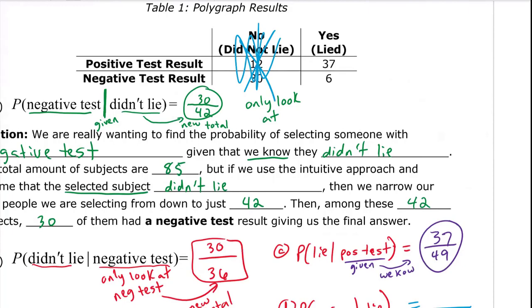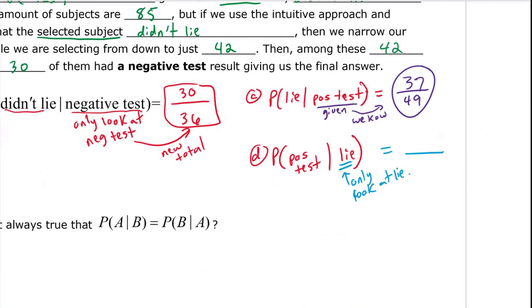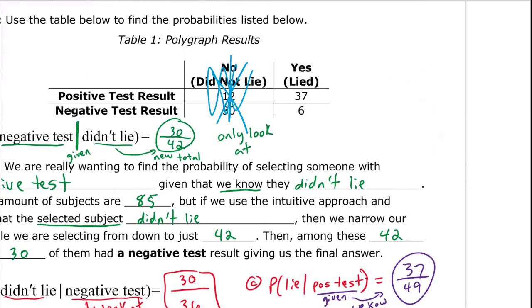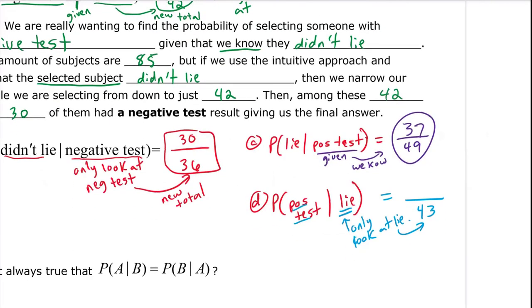I'm only going to look at those 43 people. And then how many of those 43 had a positive test? So I've crossed out all the did not lie. Those are gone. Positive test is 37 out of 43. And that's basically how you do those problems.